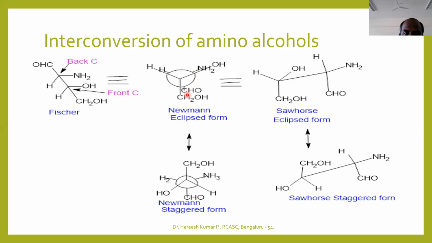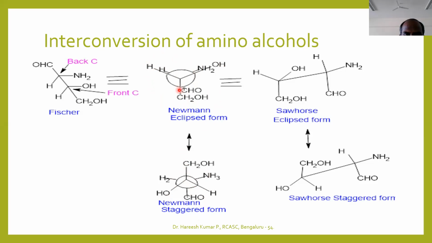So that is possible by rotating the front carbon by 180 degrees. That means this CH2OH should go up. That means it will be rotated like this, and it will come over here. And then OH is coming over here, hydrogen will come to this position. So that's what I have written here.